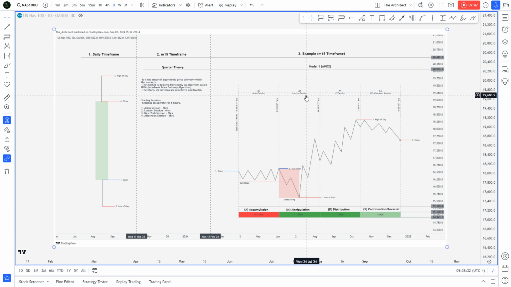Now, why don't we trade Q1? The reason we don't trade Q1 is because Q1 sets the tone of what we can anticipate for the rest of the day. How will the market unfold? So once Q1 is played out, at this time you want to ask yourself this question: what type of price action did Asian session give us?